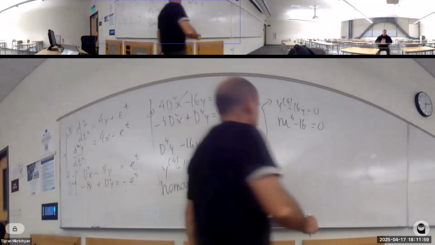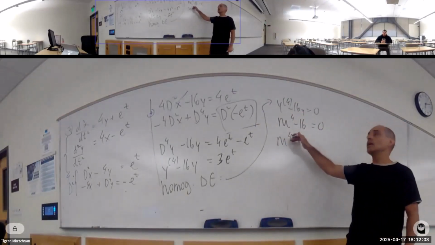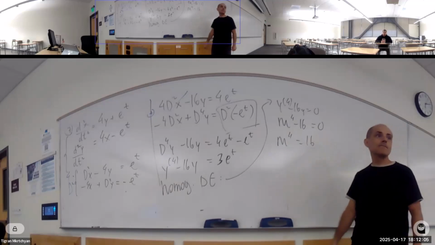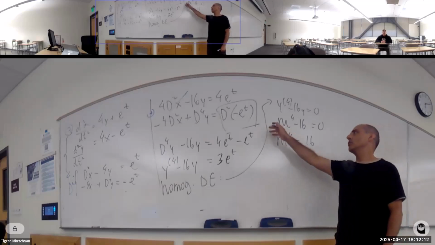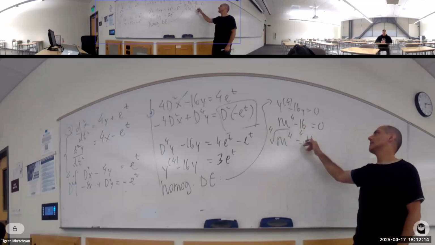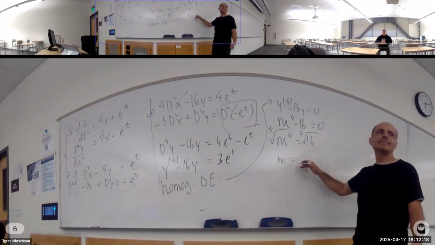So some students, I think, will do this, and then they take the fourth root. What do you think some students will do?